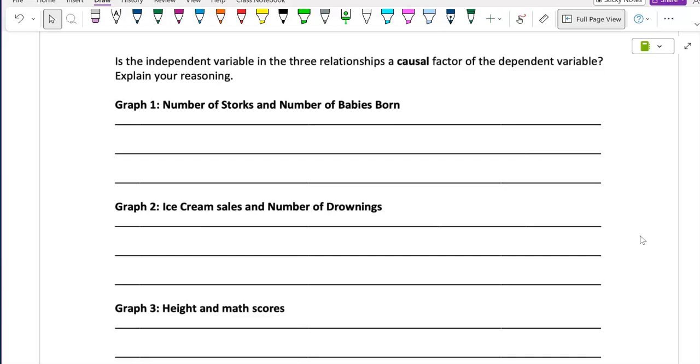Well, the number of storks is not a causal factor in the number of babies born.